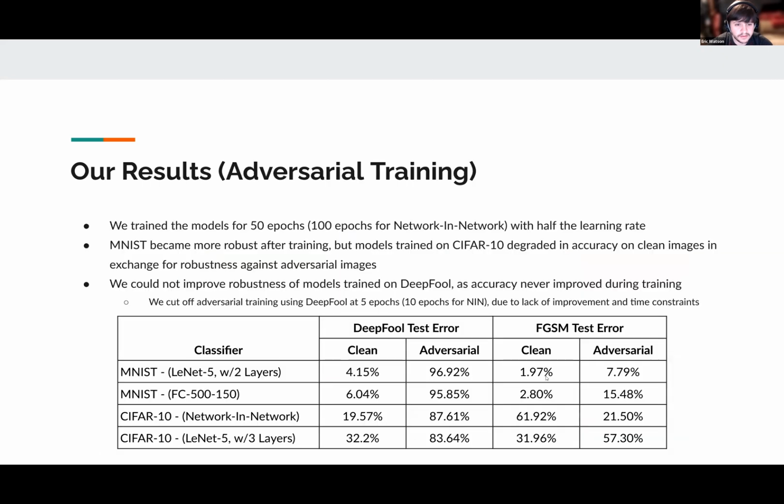And we also did the adversarial training. One of the things we had an issue with was that for DeepFool, compared to the paper, we didn't actually get improvement in robustness. But this could be due to how the authors did their training evaluation. Every time we go through the data set, we generate new samples on the go when training it.